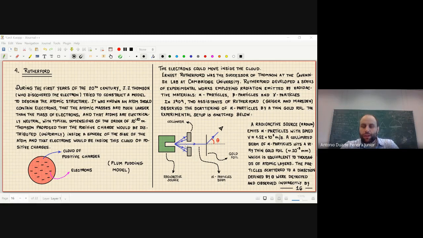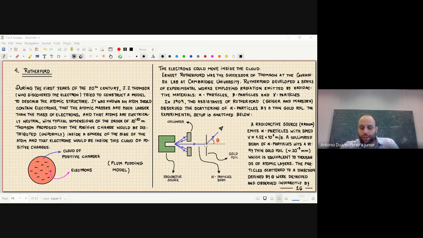Now, this beam that was selected in a very particular direction will hit a gold foil. So this is a very thin layer of gold.